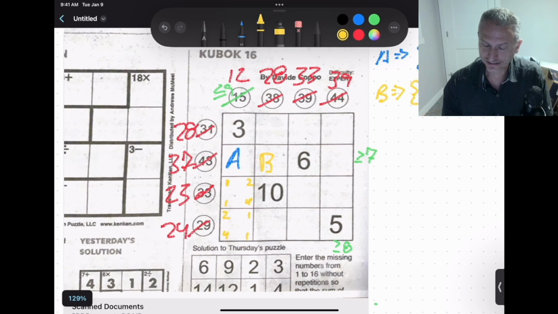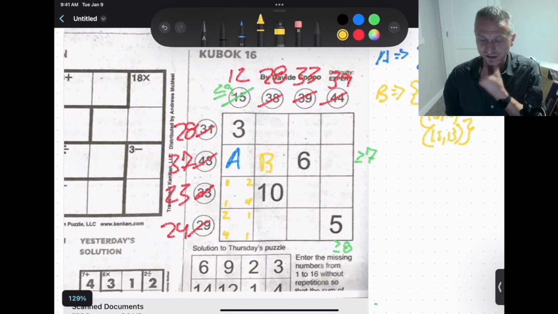With the 9, 28, 16, 12. And with the 9, 28, 15, 13. And of course, 14, 14 can't use. So those are the only options we have for B.